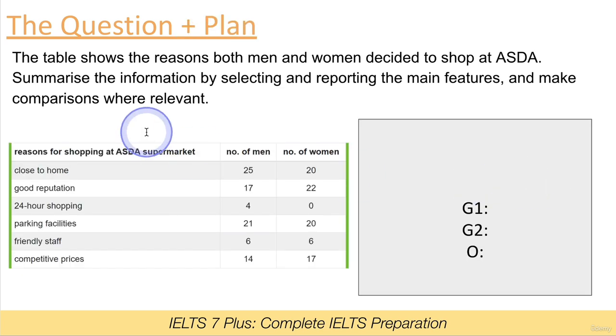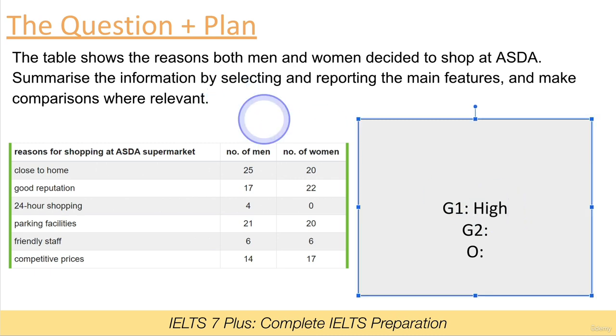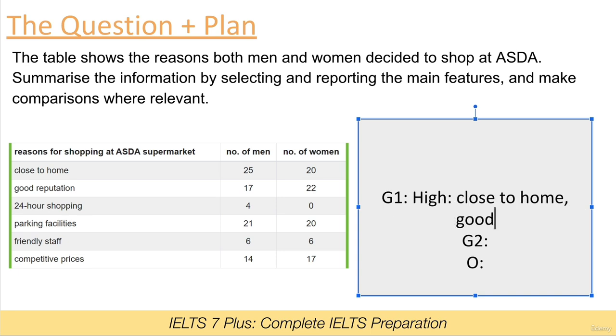All right, so we are going to approach this in exactly the same way. We're going to group them together. So I think I'm going to group them with high numbers compared to lower numbers. You could do, I was thinking maybe men and women. That would be good as well. This is what I'm going to do today. So we're going to do close to home, good reputation, and let's do parking facilities.